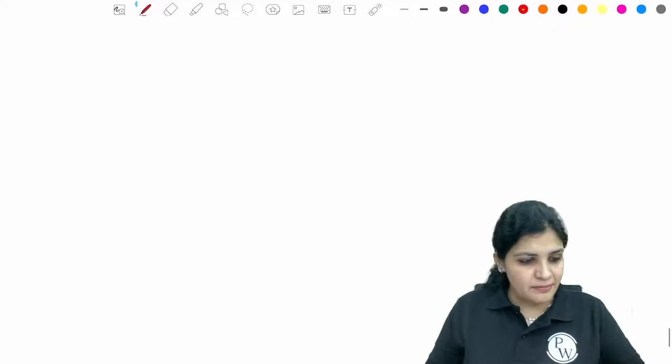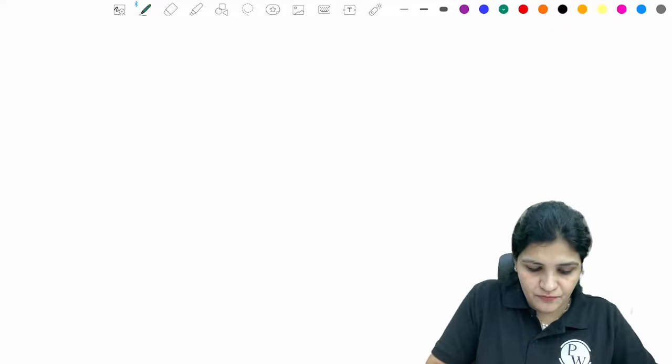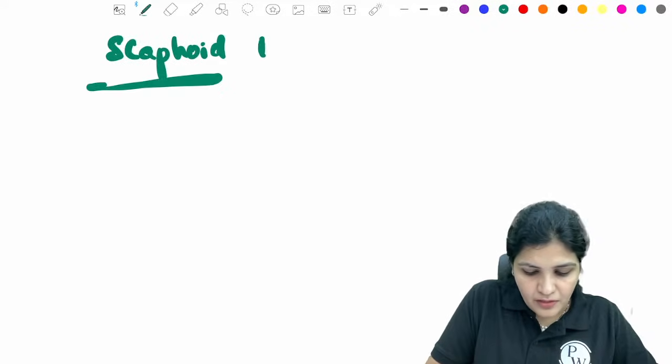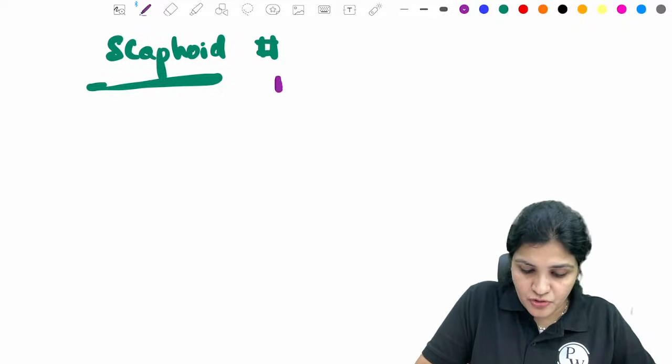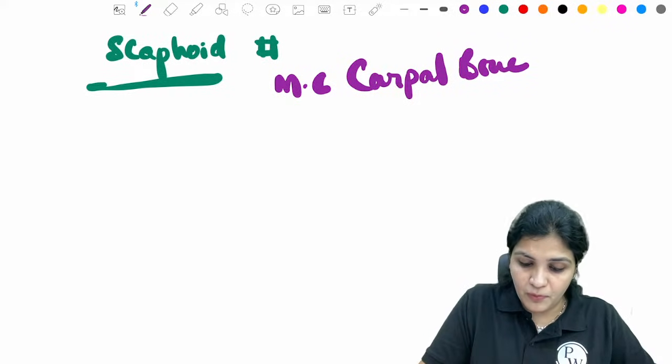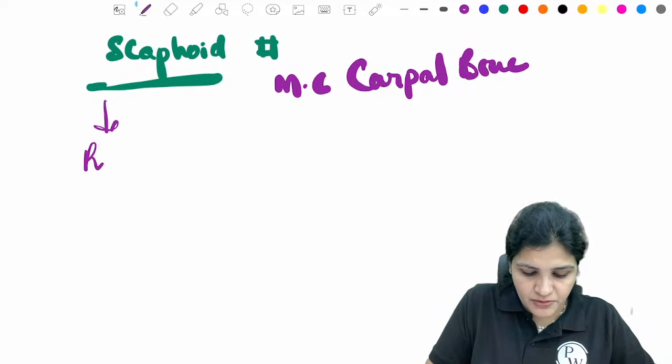And now, as Mahesh has asked us, let us quickly go through scaphoid fractures as well. Scaphoid fracture is supposed to be the most common carpal bone injury, right? One of the most important carpal bones is your scaphoid, and if you see, it forms the joint with the radius, right?